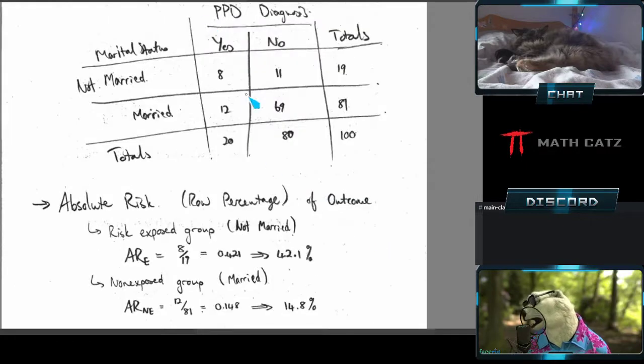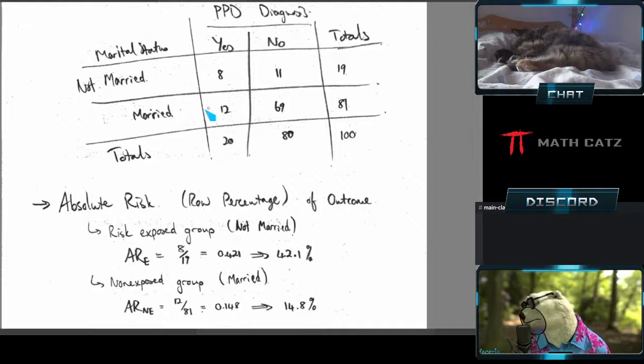So if I look at my table here, I know that even from the married group, there's a 14.8% chance of, if I select a random person from this 81, there's a 14.8% chance of getting someone with postpartum depression. That's just the probability of it.